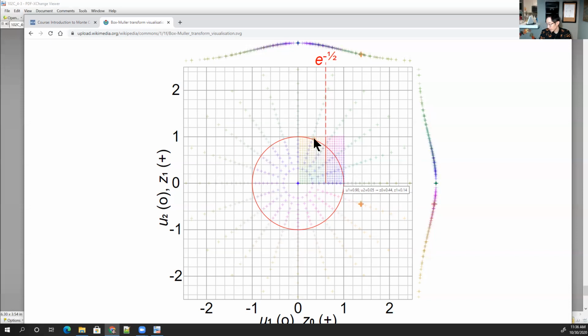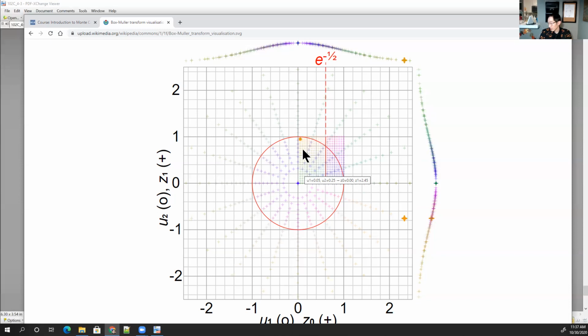If I go over here, then when v is, say, close to 0, negative 2 log v takes me far away. And so v's that are close to 0 correspond to large radius. As I move around, keeping v constant, my radius is held constant, but we're moving around.